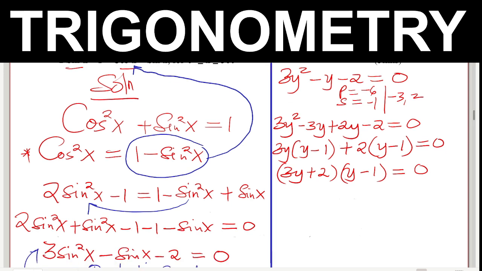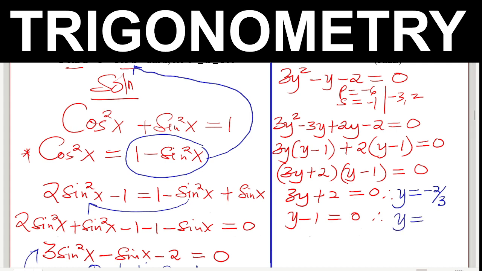Here you'll have two solutions, as you know that a quadratic equation ends up with two solutions. So 3y plus 2 is equal to 0, and this gives y to be negative 2/3. The other one is y minus 1 is equal to 0, and this gives y to be 1.